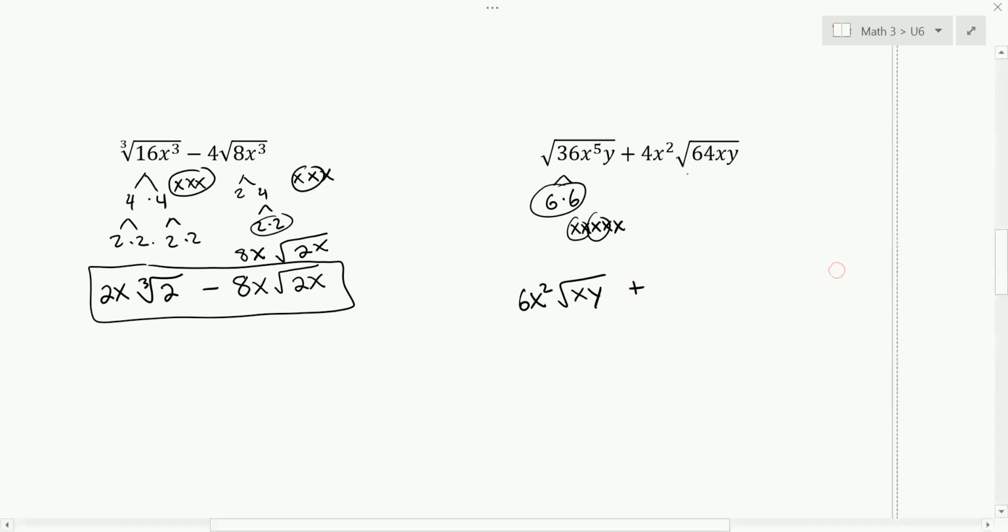Zoe, how would you break that one down? Okay, and the 32 came from, what were you doing to get the 32?